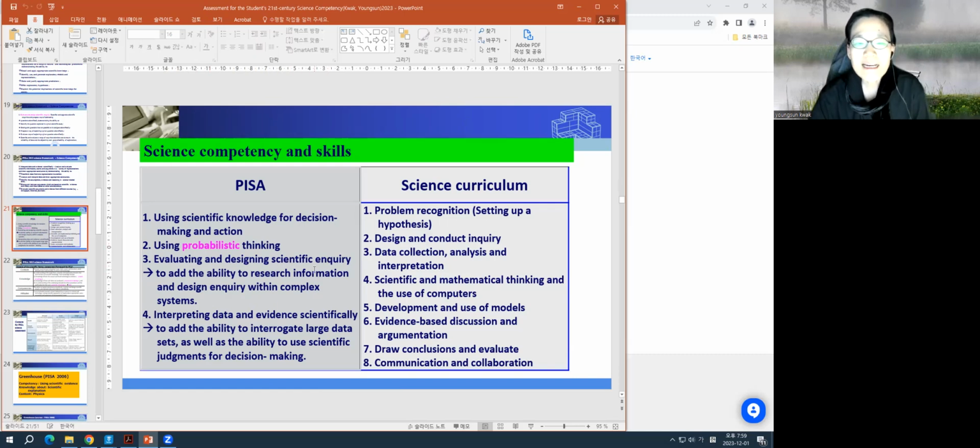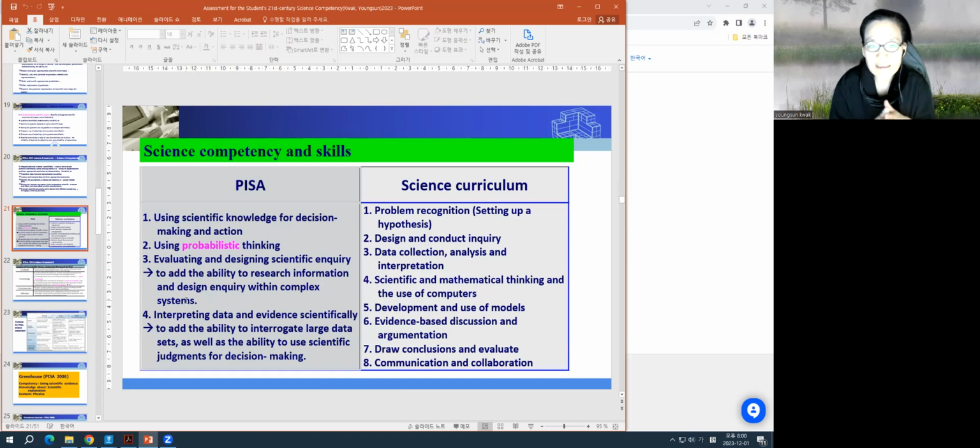Science inquiry is all about how to produce new scientific knowledge, okay? Which is about the ability to research information and design inquiry within complex systems. And then after you conduct science inquiry, you need to collect data.